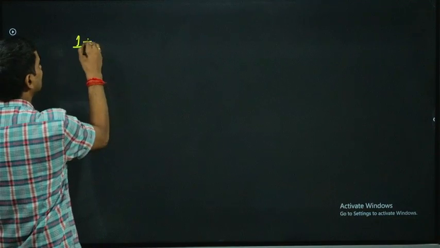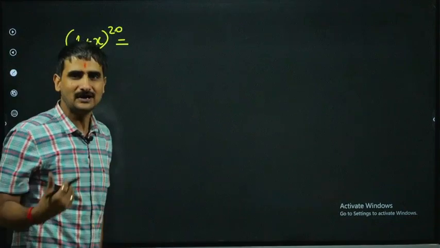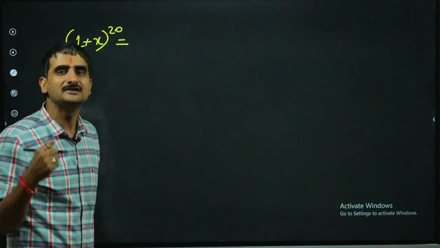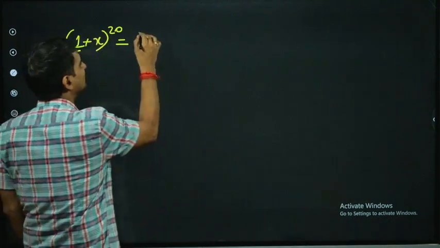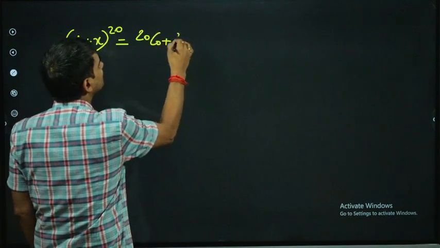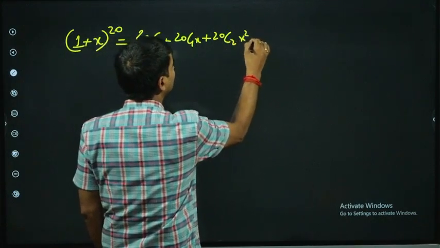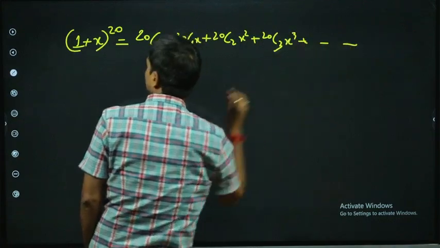So I will say, okay, let's consider this binomial expansion quickly. See, that's the purpose of this series, bacho, to discuss everything in detail, so that you should know every in and out of the questions. So it's 20c0 plus 20c1x plus 20c2x square plus 20c3x cube, and I'm not going to write more than that, dot dot dot.